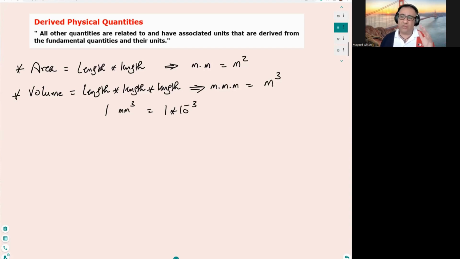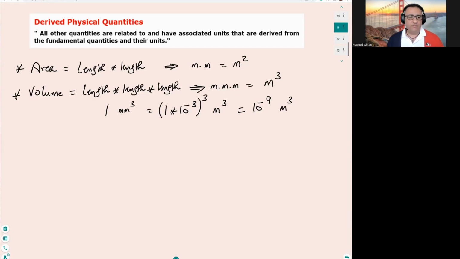So you need to convert each dimension by multiplying by 10 to the power of -3. Here it is going to be 10 to the power of -3, all to the power of 3, and that will be in meter cubed, which is 10 to the power of -9 meter cubed.